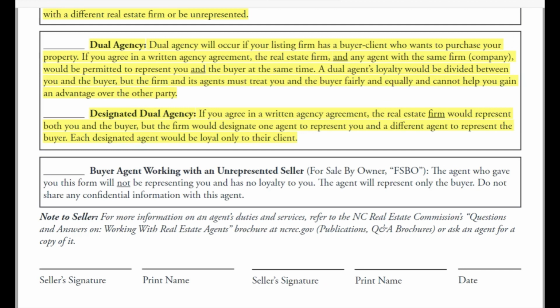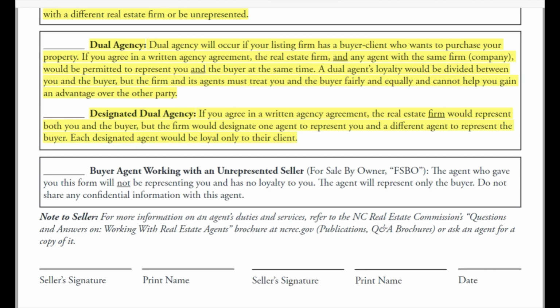It's still dual agency, but it's a little bit less sticky because you still have two different people representing the parties, but they're in the same firm. They're not supposed to talk about that property or those buyers and sellers, those clients, with one another, even though they are in the same firm.